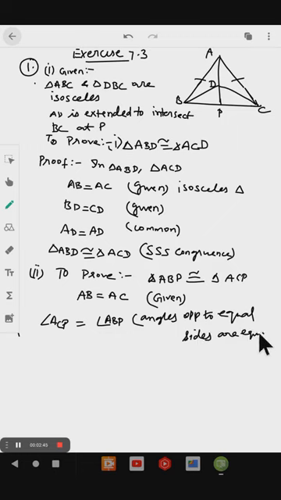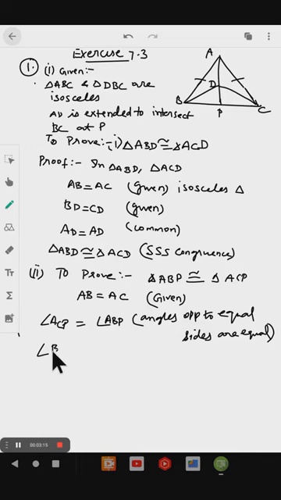So write the full statement. Now we have one side and one angle. Since we proved triangle ABD congruent to triangle ACD, all the other angles will be equal.